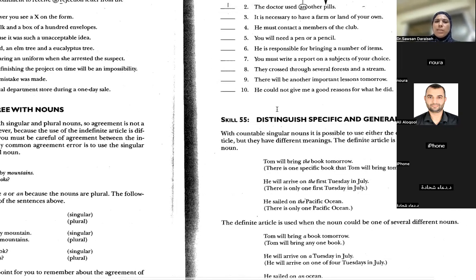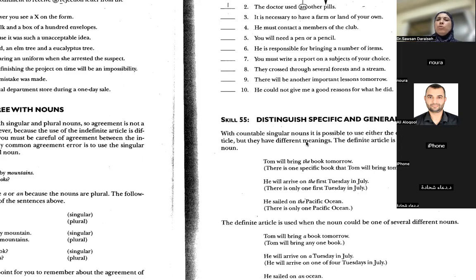Today what we're going to say about articles is that there are articles which are used in specific cases, to make things specific. And then there are articles that are used to show things in general. When I say things, that means the nouns in general, all right?